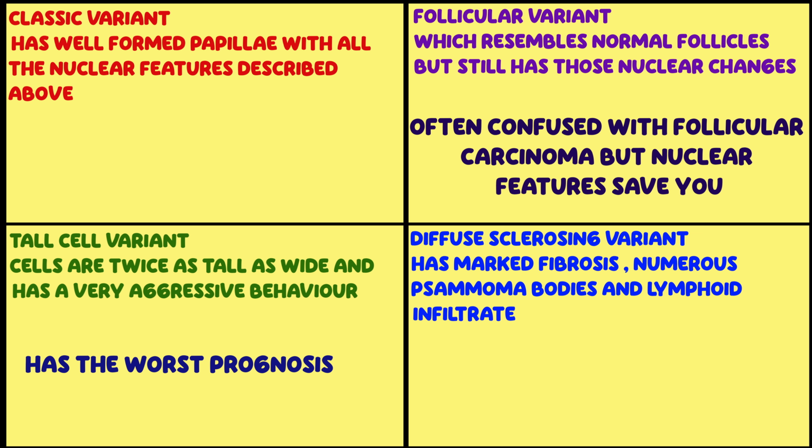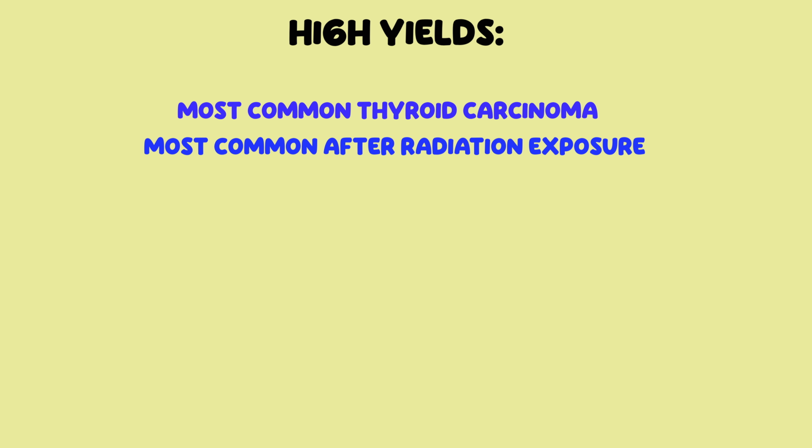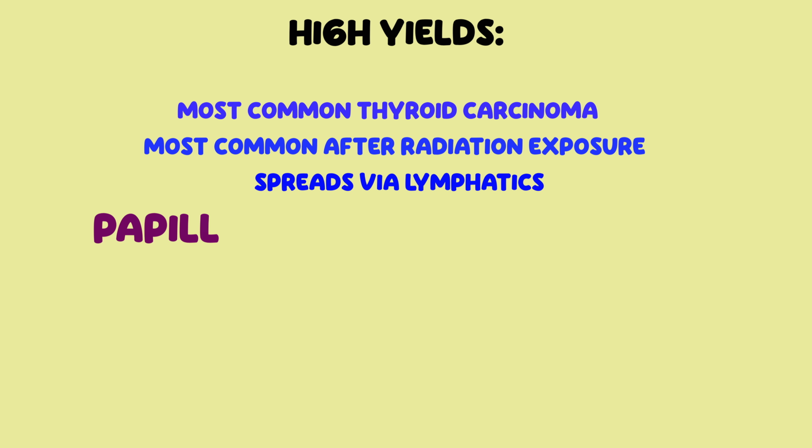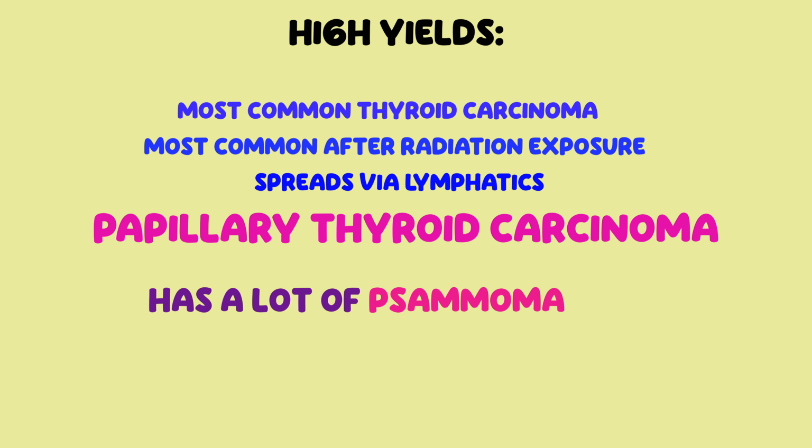features save you. Now let's get to the high-yield pearls that you need to know. The most common thyroid cancer is the papillary thyroid carcinoma. Most common after radiation exposure is also papillary thyroid carcinoma, and the one which spreads via lymphatics is also papillary thyroid carcinoma. And the one which has a lot of Psammoma bodies is also papillary thyroid carcinoma.